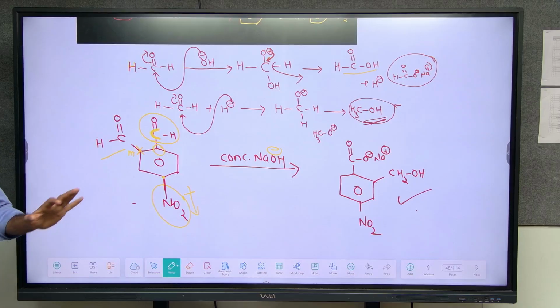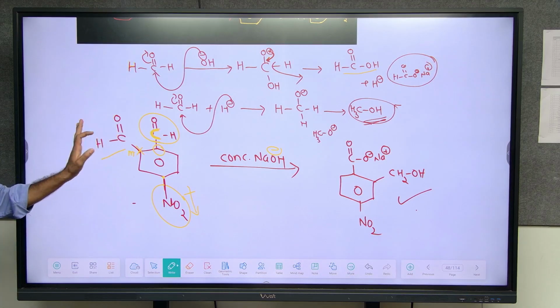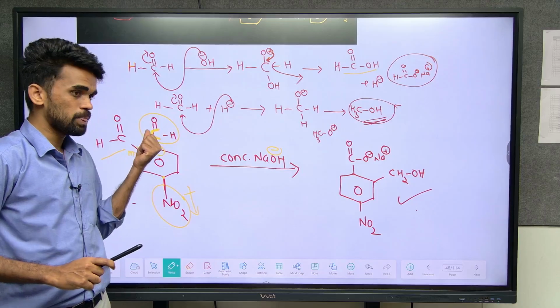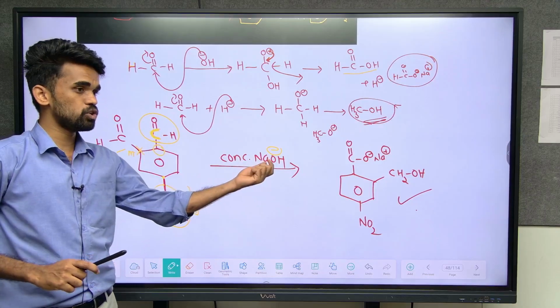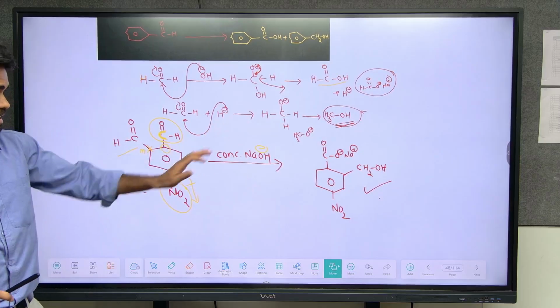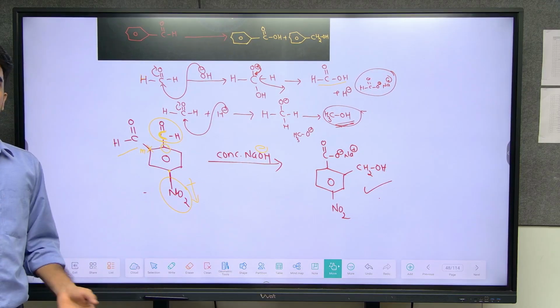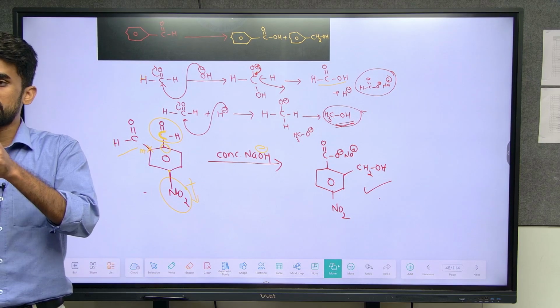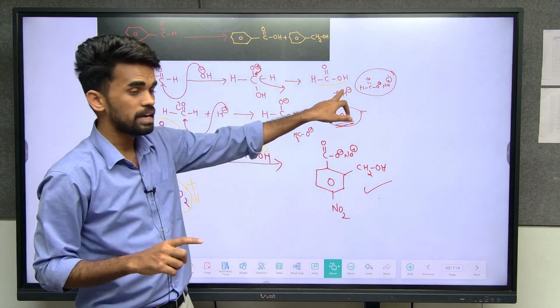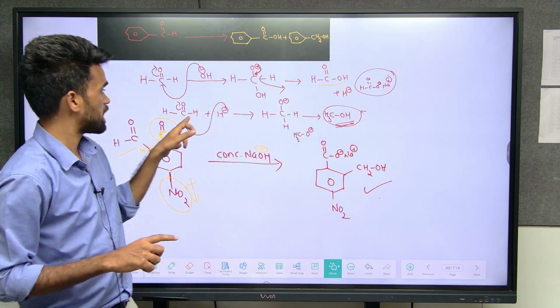This is your final answer. You got how to decide which is undergoing oxidation and reduction? Just simply based on the electrophilicity of the carbon of the carbonyl group, and this nucleophilic attack, that's it. Okay, you can write this example. So what are the two nucleophiles you have seen in Cannizzaro reaction? One is OH minus ion and another one is H minus ion, because H minus is attacking here now.